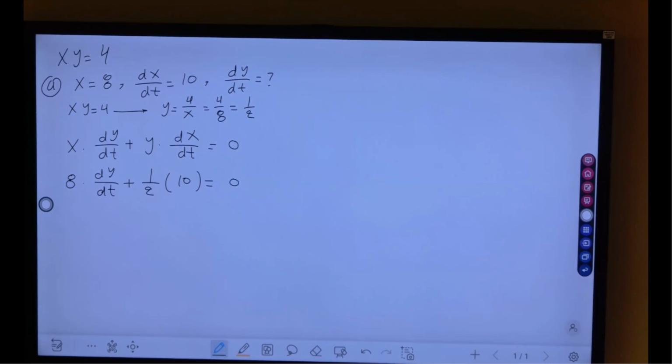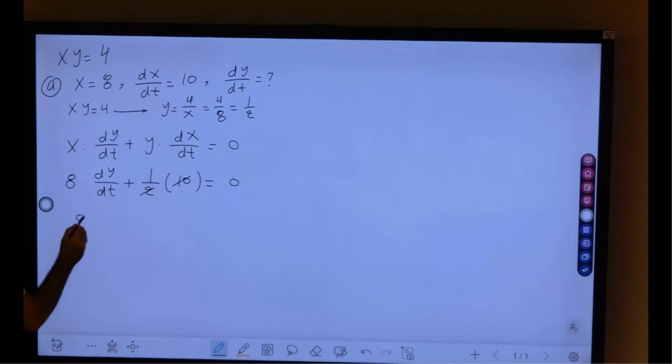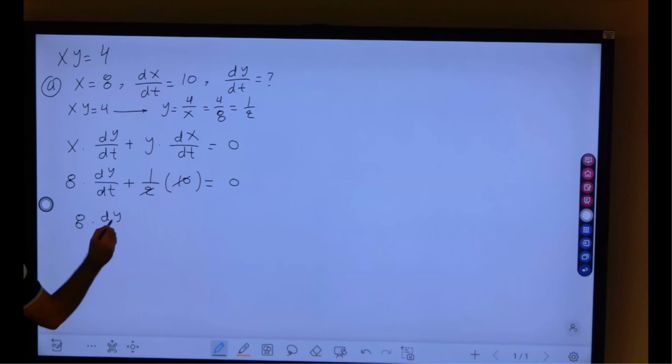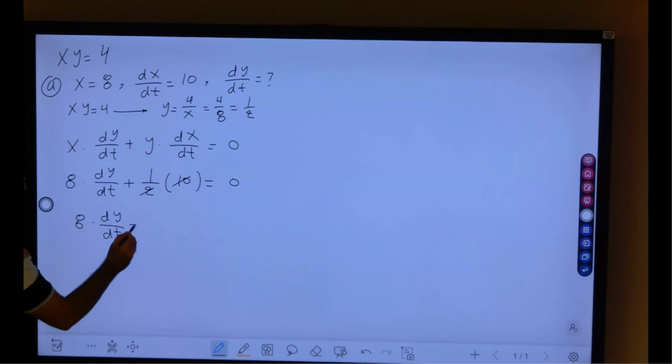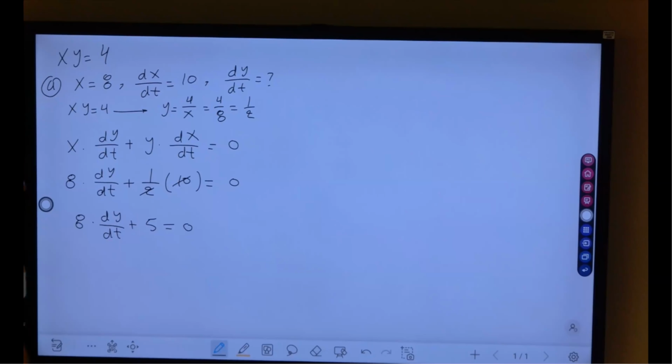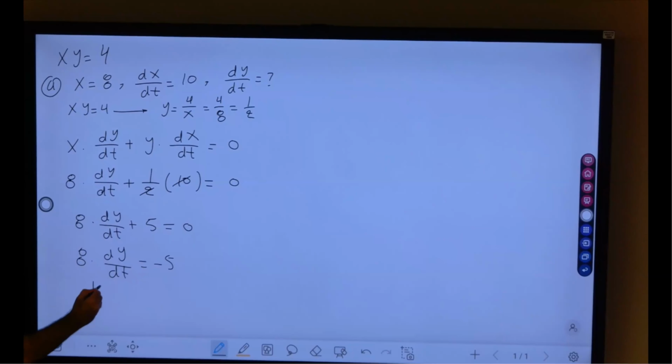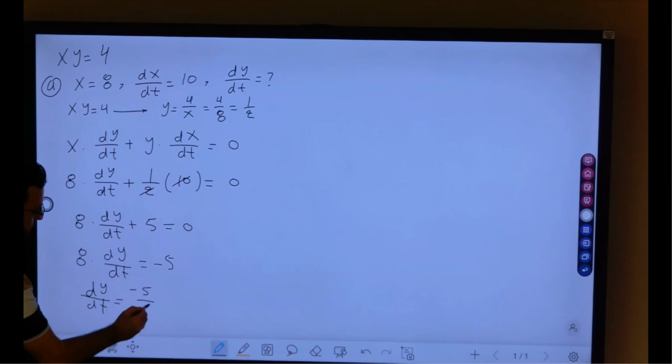So 8 times dy over dt plus 5 equals 0. Then move the 5 to the other side. That means 8 times dy over dt equals -5, so dy over dt equals -5 over 8. That's it.